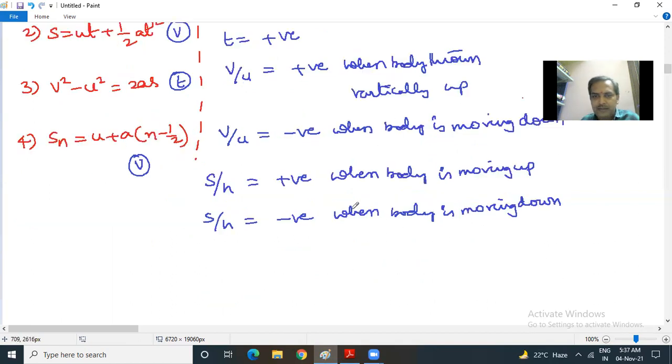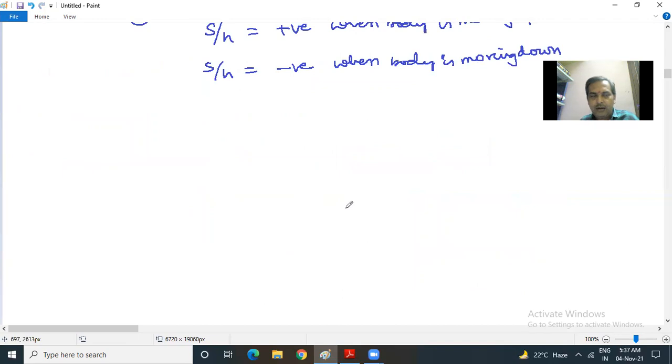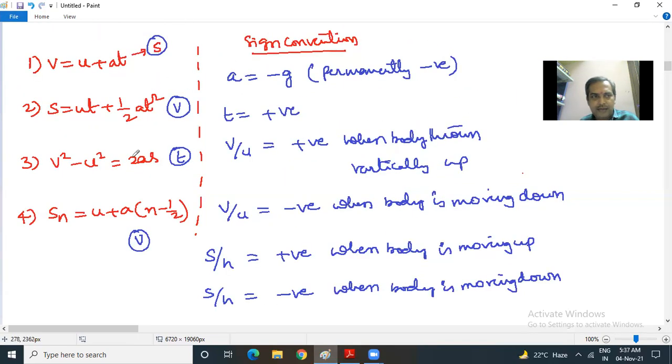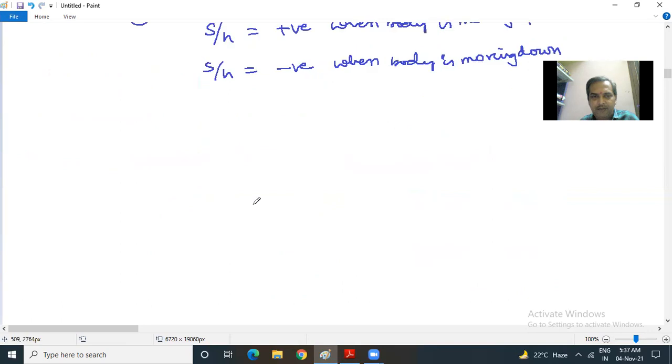Now the present concept is how the second equation of motion can be applied when a body is thrown vertically upwards from the top of a tower of height h, or you can also call it thrown from a certain height. Now let us say this is the tower, this is the ground.